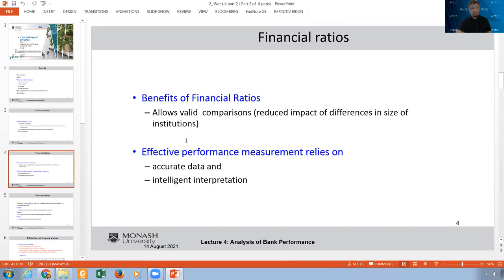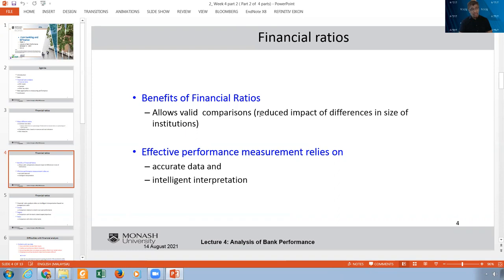ratios. Financial ratios are a very good tool, but the problem is they are not complete. One of the most important things we find in financial ratios is that they reduce or omit the impact of size. For example, if I take a huge bank in the top 1,000, one of the biggest Chinese banks, and I want to take the return on equity, I will have the net income over the equity and find that percentage.